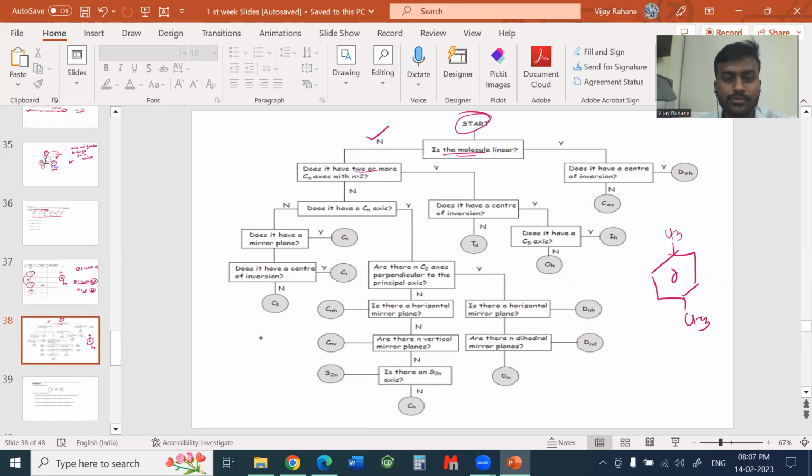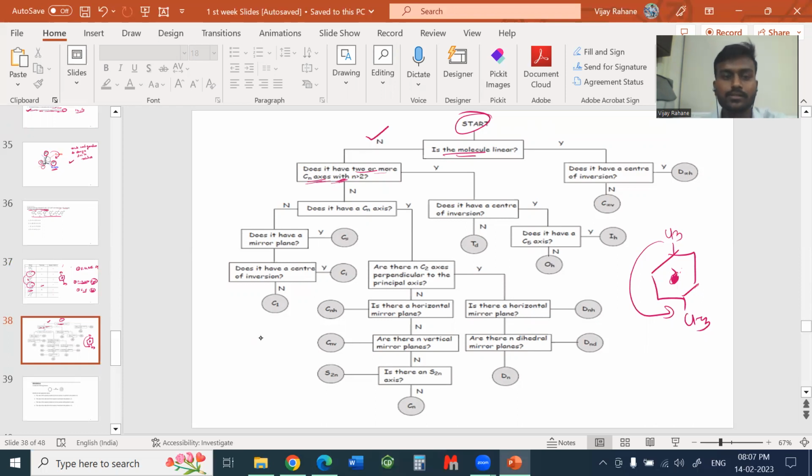Does it have two or more C2 axes, two or more Cn axes with n greater than 2? Right, it exactly has two or more C2s. See, here is one C2 axis which passes through this center. After one rotation, this atom comes here. The one perpendicular to this is the C2, with the direction perpendicular to the plane of this slide, right?